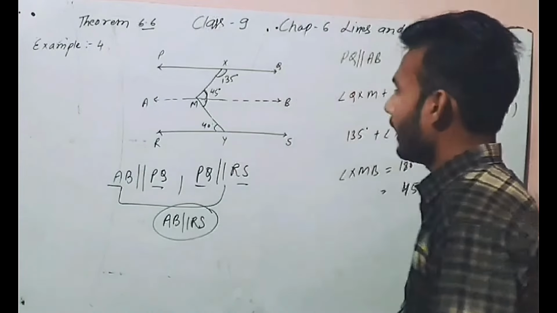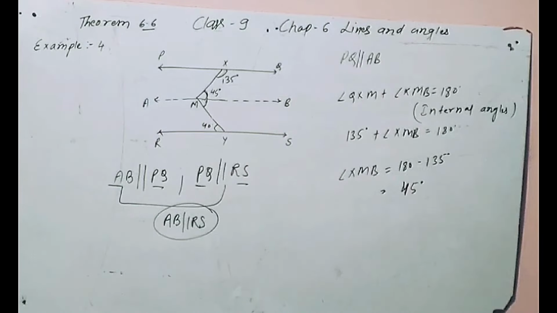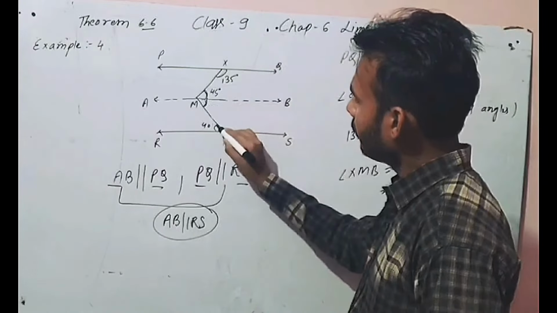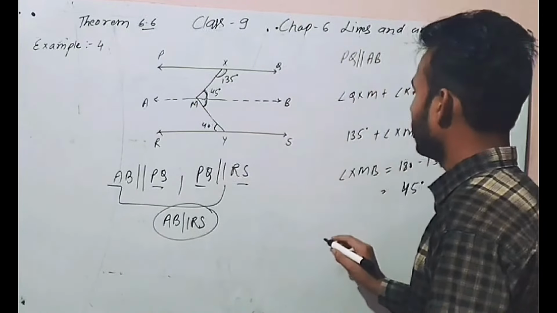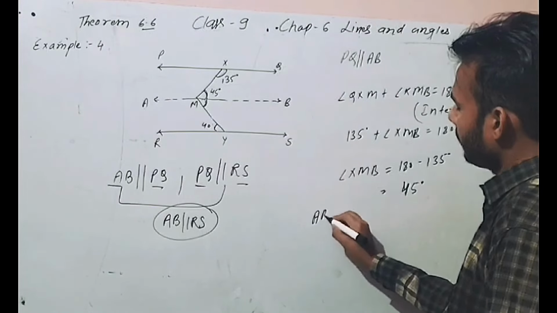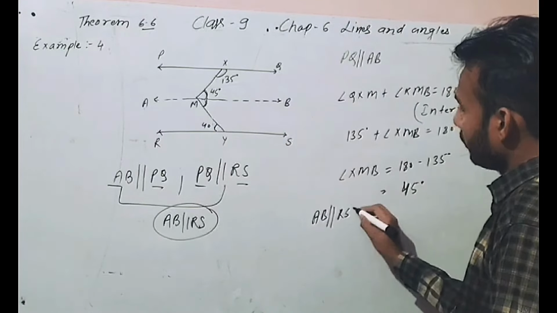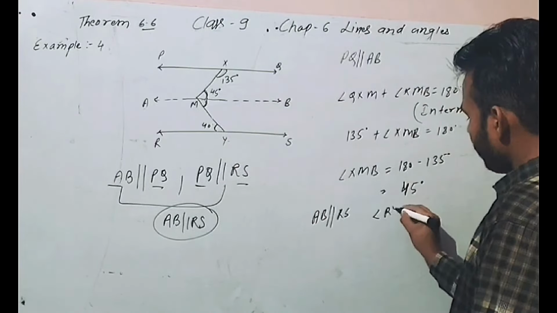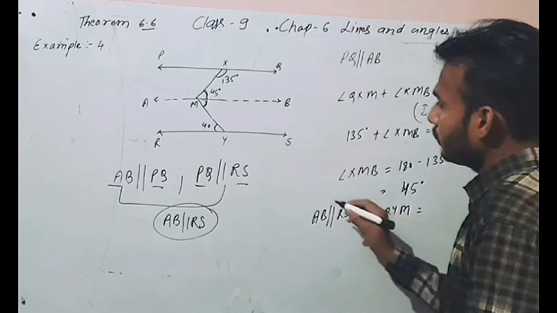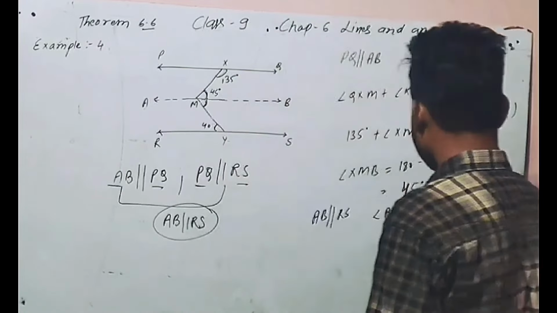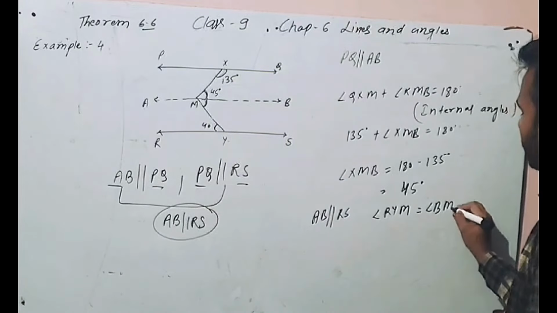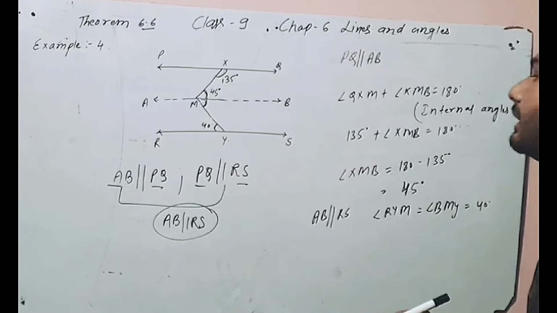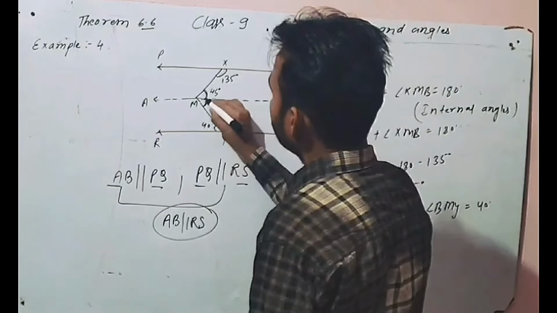Now I told you in theorem 6.4 that this angle is equal to this angle because AB is parallel to RS. So angle RYM equals angle BMY equals 40 degrees. I told you, alternate interior angles. So this angle is equal to this angle.